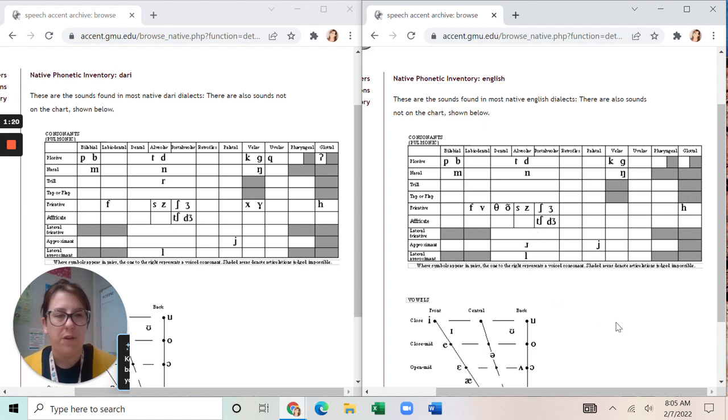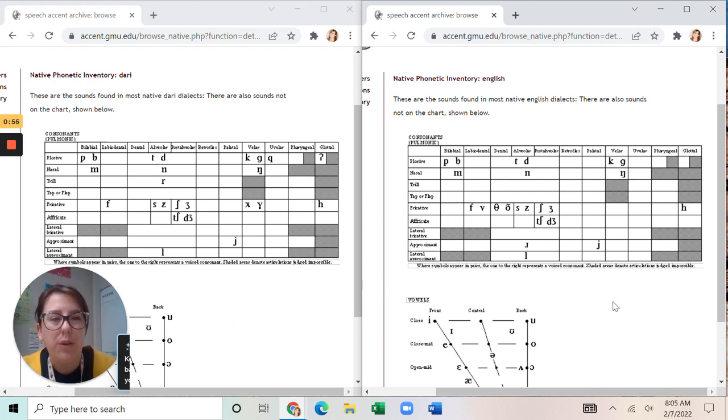And you can use this information to compare both of the phonetic inventories of whichever languages the individual speaks at home or in the community to figure out which sounds we should expect to see in both languages and which we shouldn't. As I had previously stated, if there are sounds that don't occur in a primary language, we're not going to mark that as an error if the individual is not using them in their secondary language.